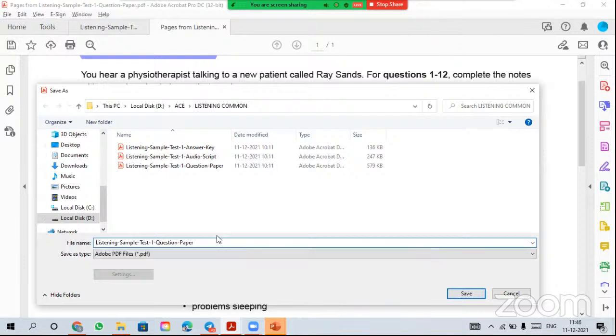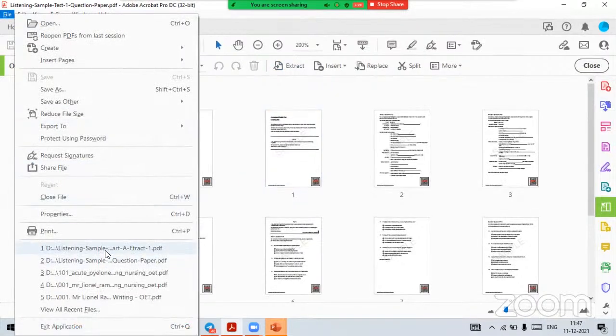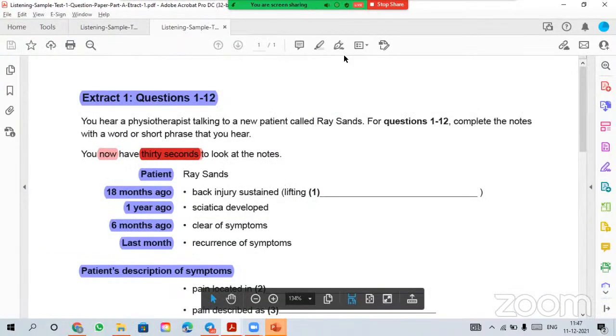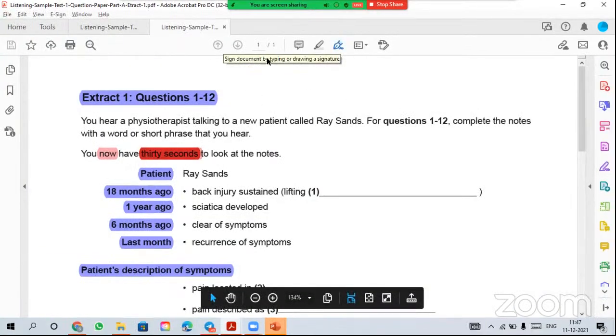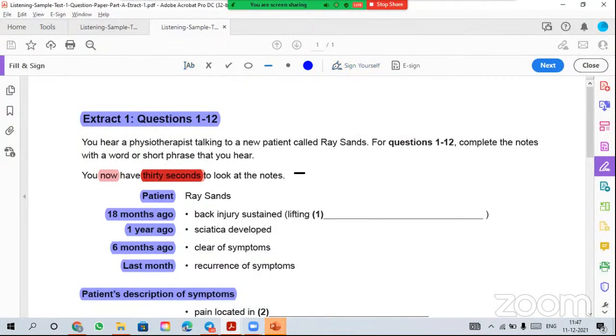Part A, extract 1. Okay. Yes, now we got it. Now let us see. I was searching for this symbol. Sometimes, they will technically trouble us. One second.